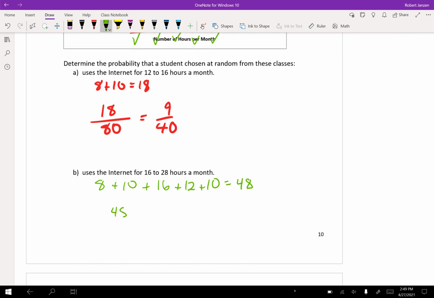And so it's 48 out of 80. The probability of 16 to 28 is 48 out of 80. Let's try to reduce that. How can I reduce that? Well, if you get stuck on reducing it, don't stress about it. Let's put it as a decimal. Instead of 48 divided by 80, this is 0.6, which is 60%. So 60% of the students use it that much per month.